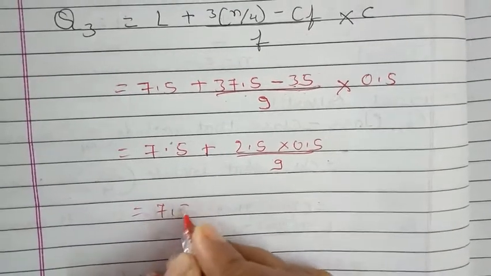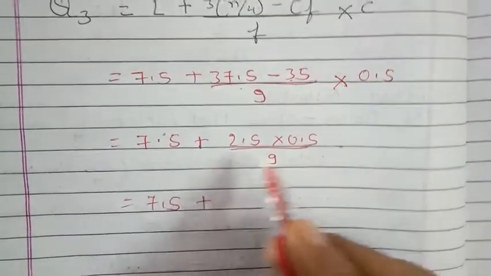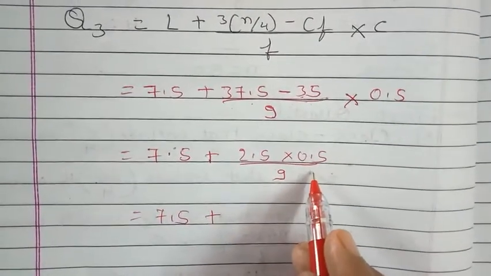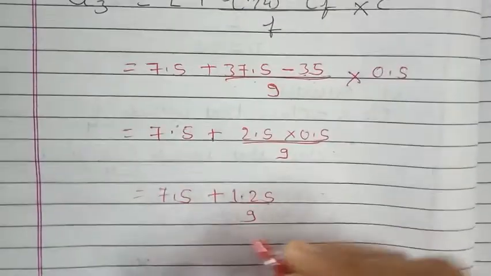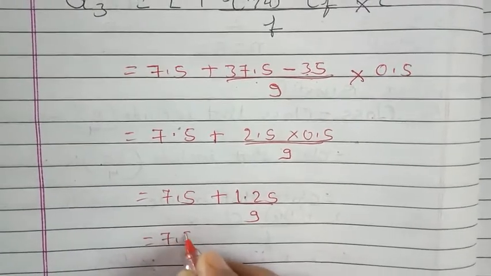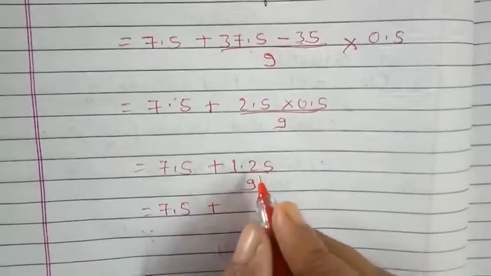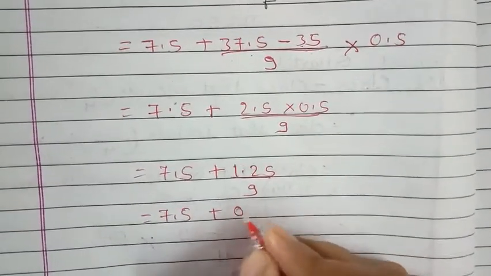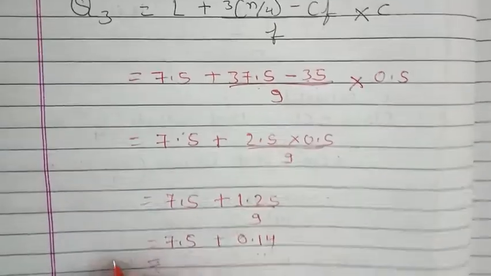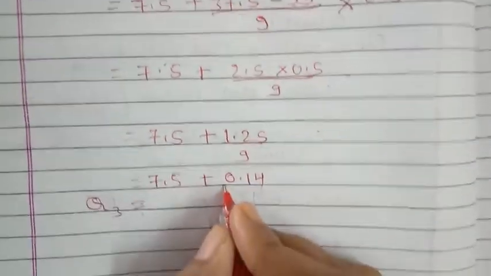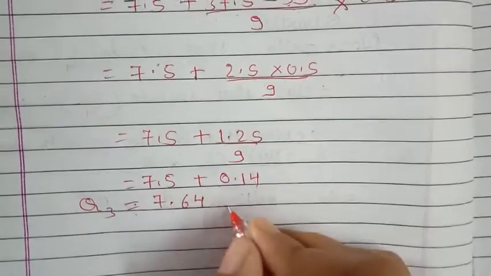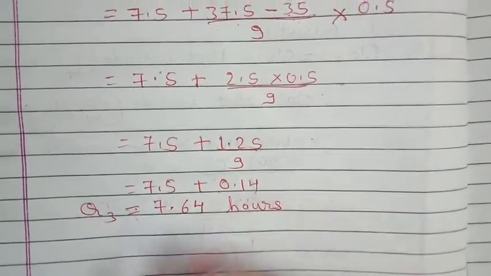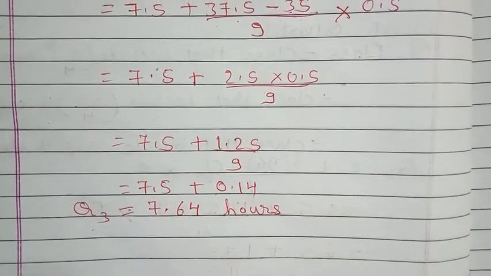Now 2.5 multiplied by 0.5 gives 1.25 divided by 9. That is equal to 7.5 plus 1.25 divided by 9. It will give 0.14. So Q3 is equal to 7.5 plus 0.14, 7.64 hours. So hence our third quartile is 7.64 hours.